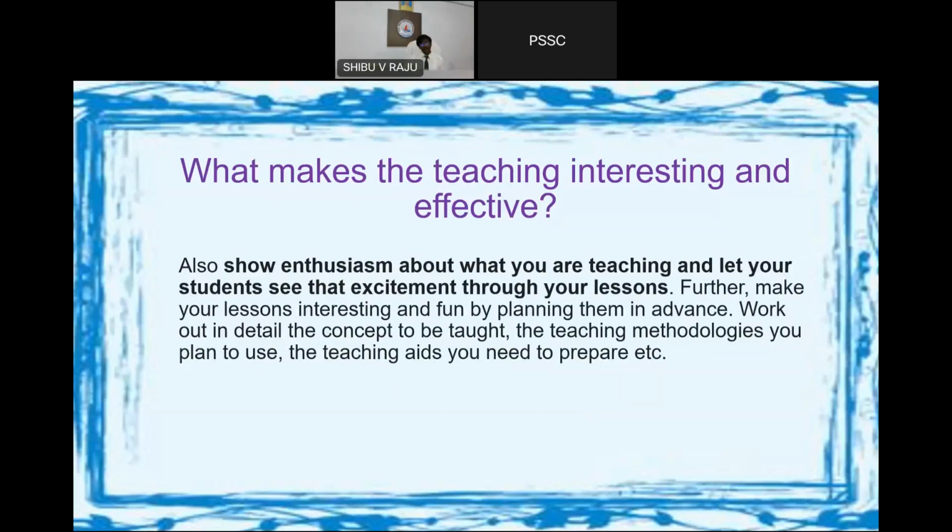It's not that I downloaded something and showed it. No, not like that. Show an effective, interesting, informative, and goal-based video. What is the goal? By showing a teaching aid, I should get the output of the chapter.